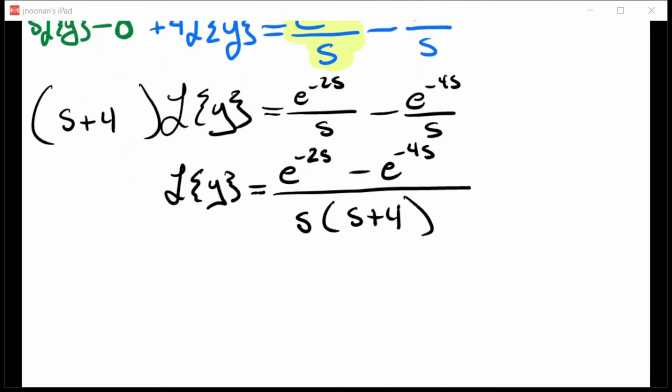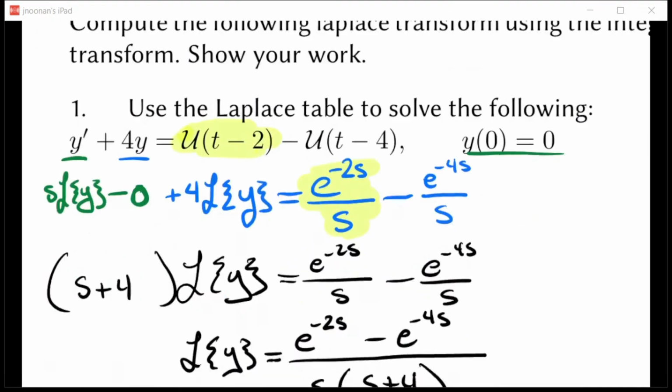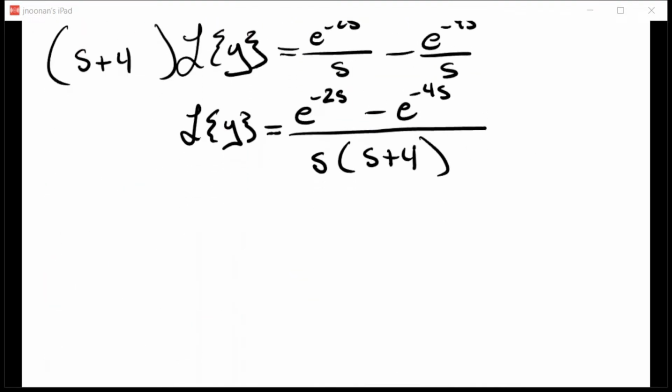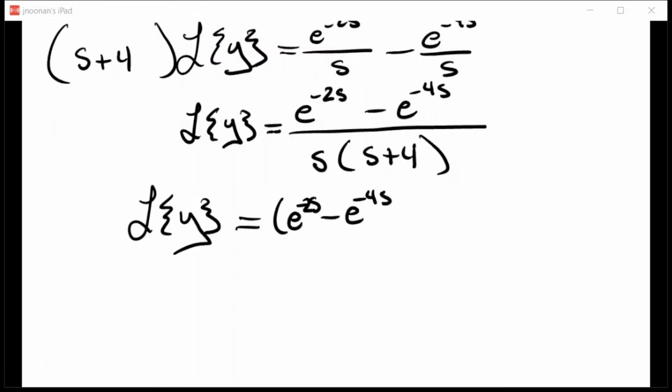That wasn't too bad either. Now, this one's actually a pretty good problem in terms of Laplace transforms. So we've got e to the negative 2s minus e to the negative 4s times 1 over s times s plus 4.